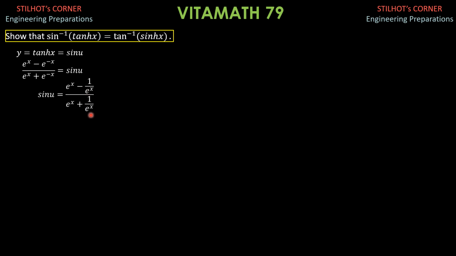So we can cancel e to the x, the denominator of the numerator, and e to the x, which is the denominator of the denominator. So simplifying, that would be sine u equals e to the 2x minus 1 over e to the 2x plus 1, which is the simplified form of tangent hyperbolic x.